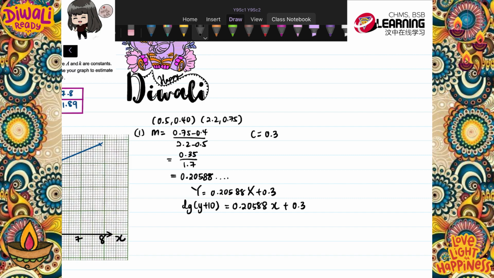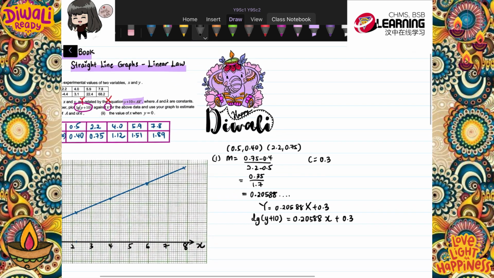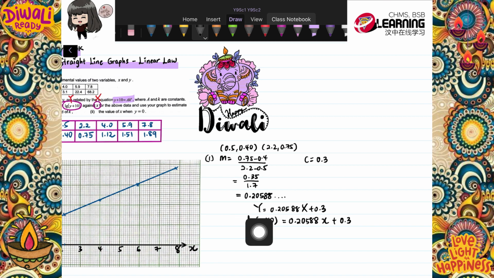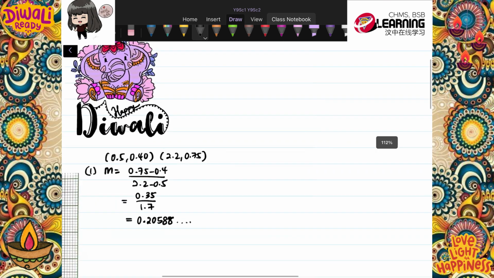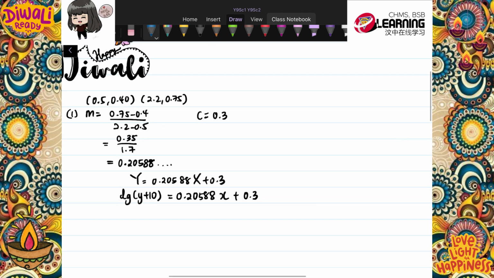Okay, and then I compare with the original equation, the nonlinear equation over here. Actually, reducing the nonlinear equation is easier than changing this to this form. So y plus 10 equals a times k power x. So I'm going to log both sides here. Don't forget to put bracket.